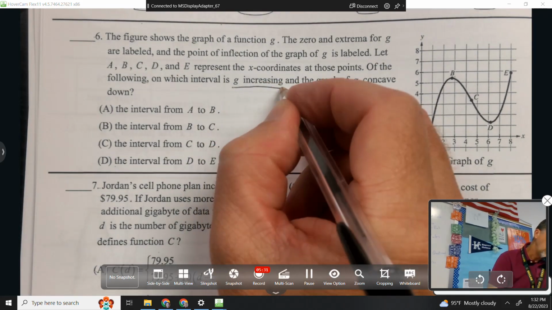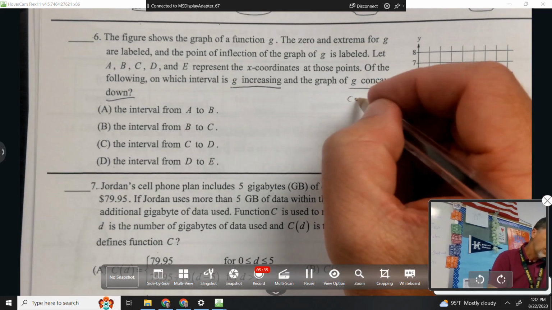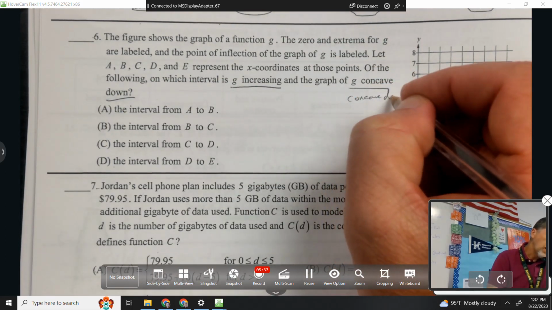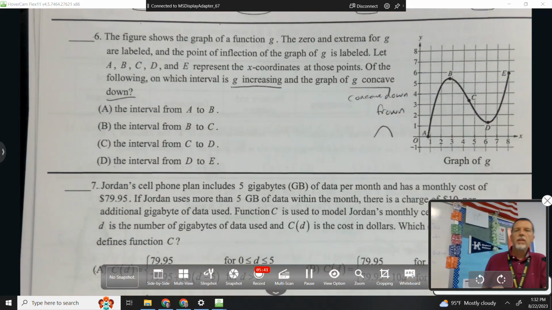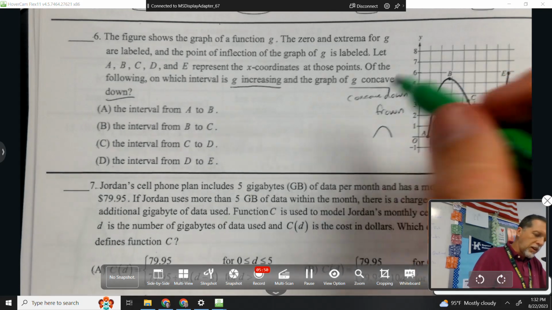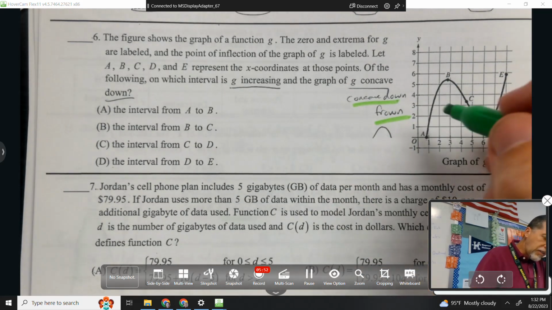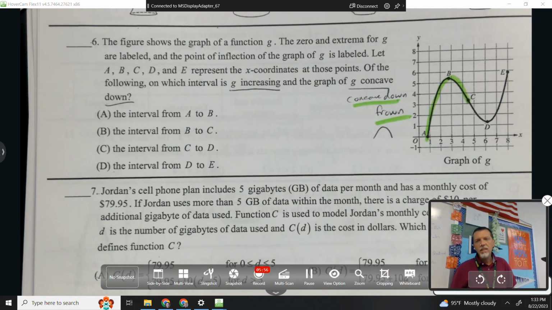So I want g to be increasing, and g concave down. Concave down like a frown. So I want g to be, you know what? I noticed it right away. Concave down like a frown would be A to C, because after C it sort of flips over and turns that frown upside down.